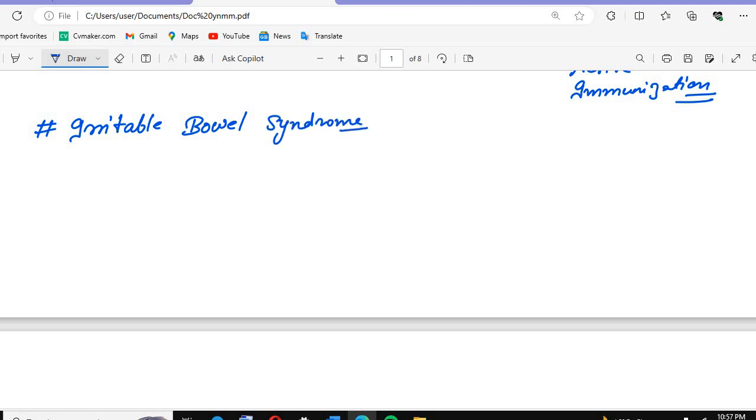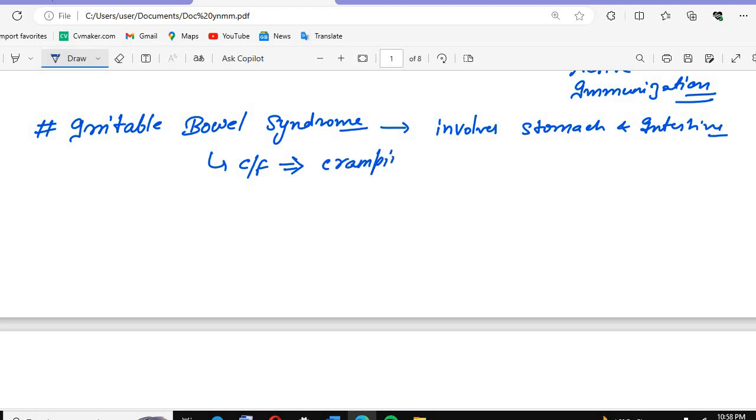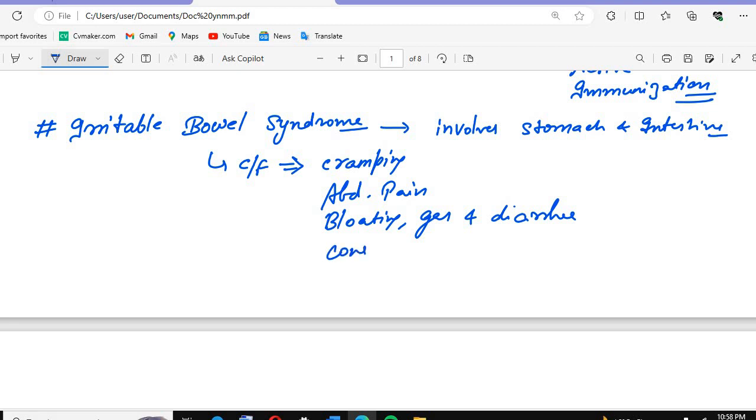So remember that irritable bowel syndrome is a common disorder that involves the stomach and intestines. What are the symptoms or clinical features you will see in this condition? There will be cramping, along with cramping there will be abdominal pain, bloating, gas, diarrhea, and constipation.